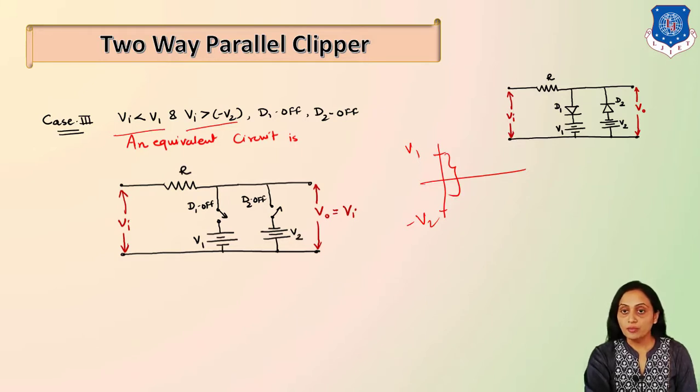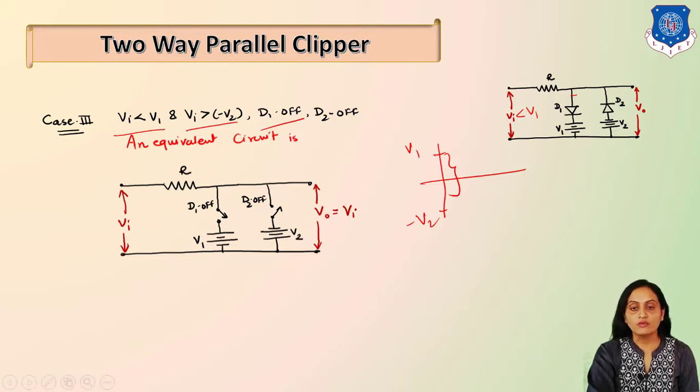When the input is less than V1, the anode terminal of diode D1 is at a lower potential than the cathode terminal, which is at V1. So this D1 will remain off only. This we had already seen in the first slide. Now if the input is greater than minus V2, then what happens? This diode D2 will remain in the reverse bias condition only.